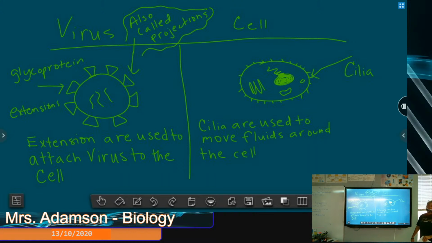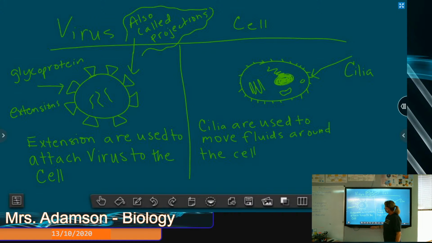Next, I have a little T-chart here. On the left side, we have a virus. Remember, viruses come in all sizes and shapes, but they all have some kind of little extension, also known as a glycoprotein. Remember, viruses have a protein coat that surrounds the DNA or RNA.